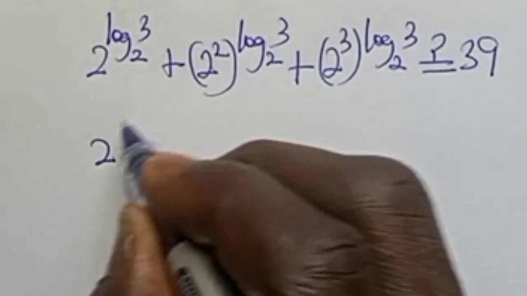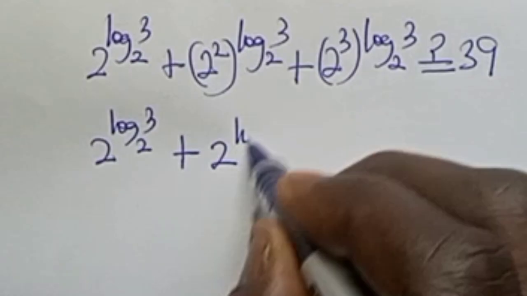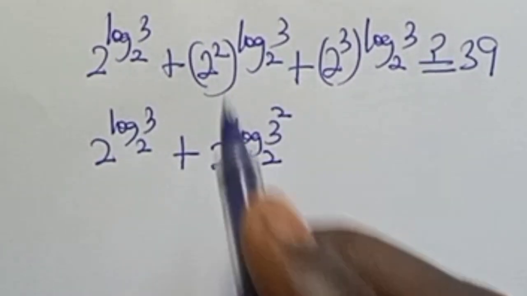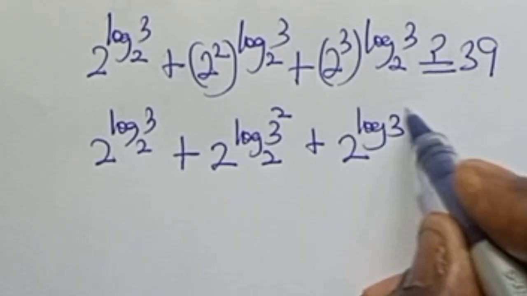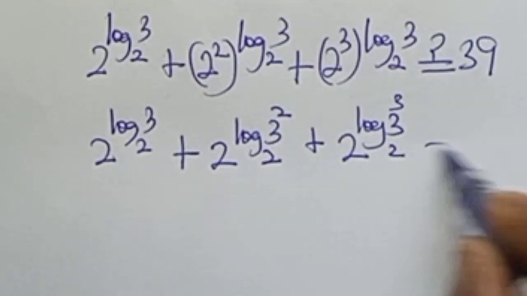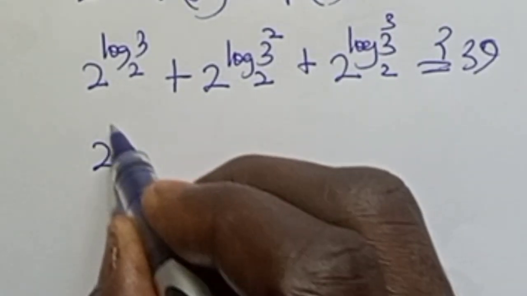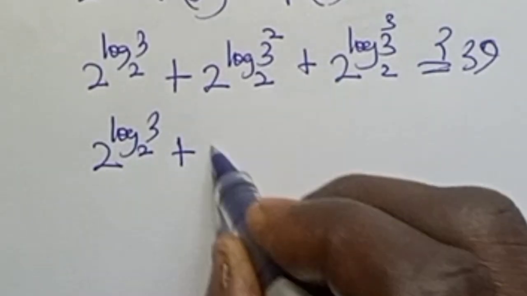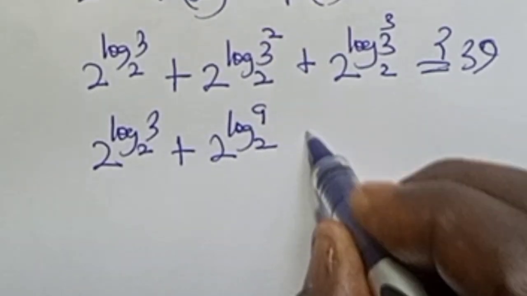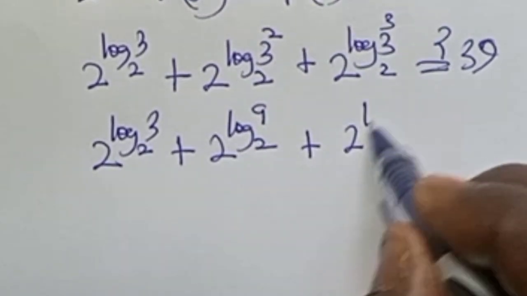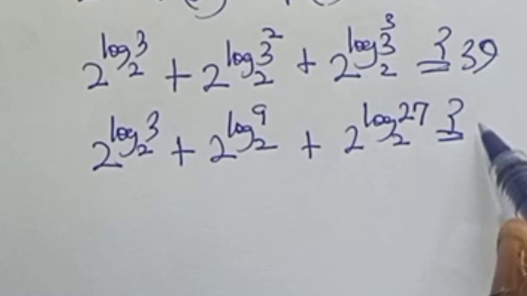This can be equal to 2 to the power of log 3 base 2, plus 2 to the power of log 3 to the power of 2 base 2, since the power goes up, plus 2 to the power of log 3 to the power of 3 base 2. This is also equal to 2 to the power of log 3 base 2, plus 2 to the power of log 9 base 2, plus 2 to the power of log 27 base 2. Is it actually equal to 39?